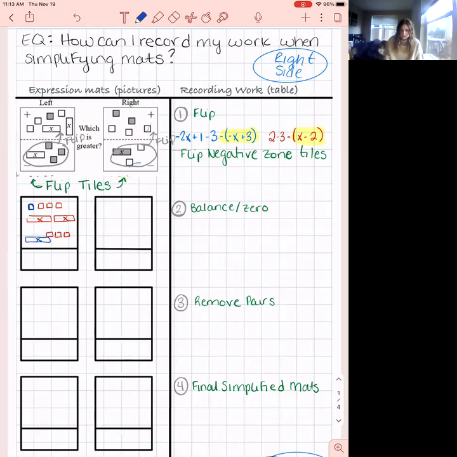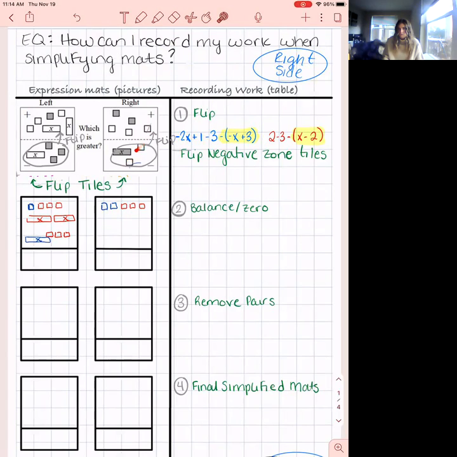Now let's look at the right side. Again, I'm going to start by just redrawing the top section. So I have 2 blue unit tiles up top and 3 red unit tiles up top to start. Now I need to flip. I have 2 red unit tiles in the bottom right now. I want to move them up and flip them.